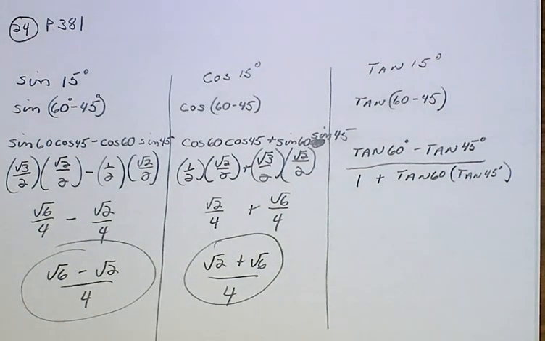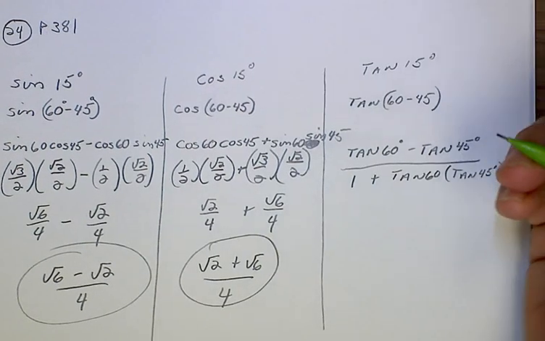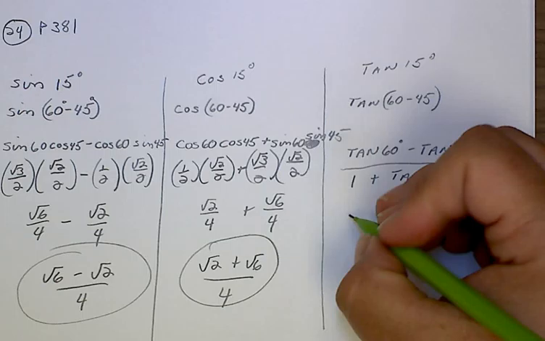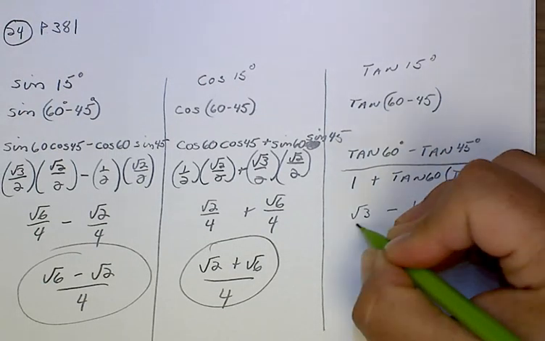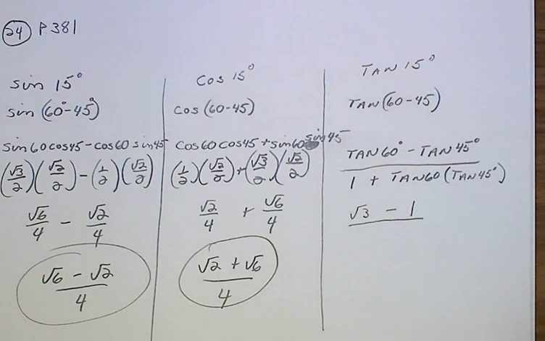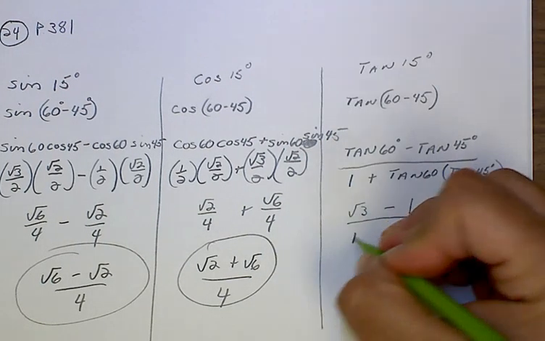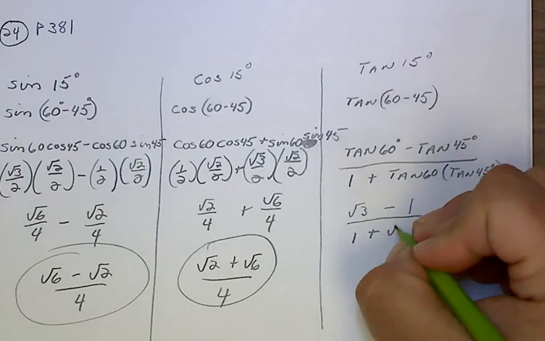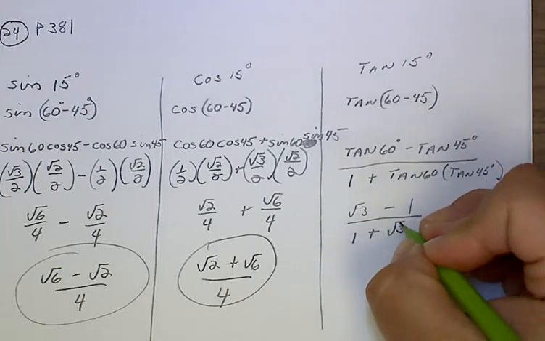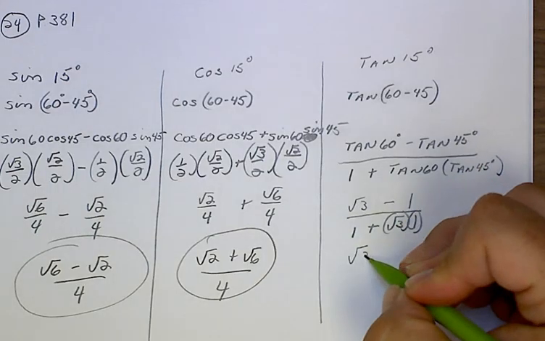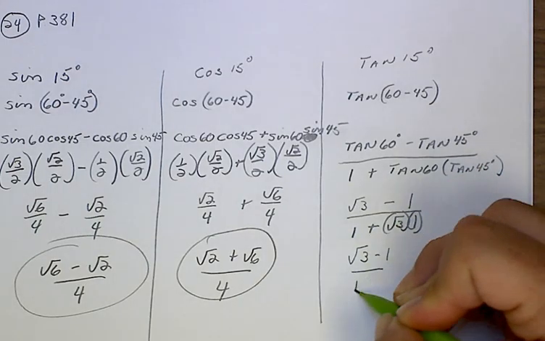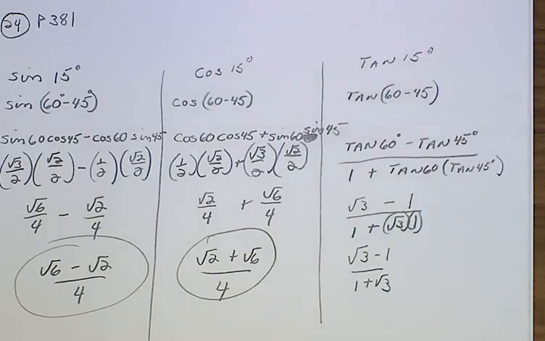Tangent of 60 is a little bit more difficult, but as you do work this out, the tangent of 60 becomes the square root of 3 minus tangent of 45 is 1 over 1 plus the square root of 3 times 1. Okay, so we would like to leave our answer as the square root of 3 minus 1 over 1 plus the square root of 3, but that has a radical on the bottom, which we know is bad.